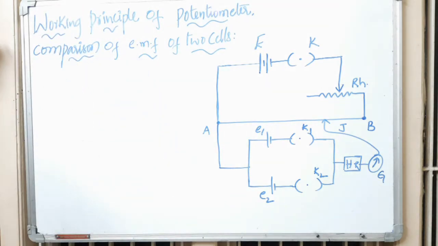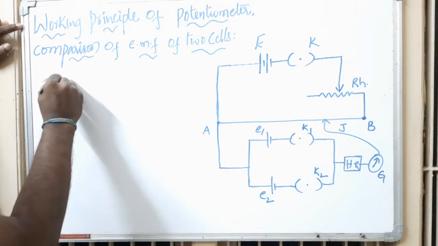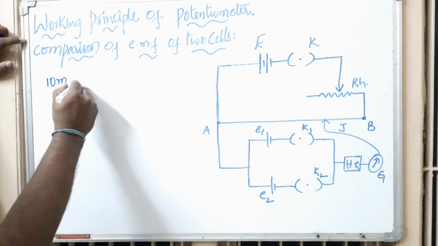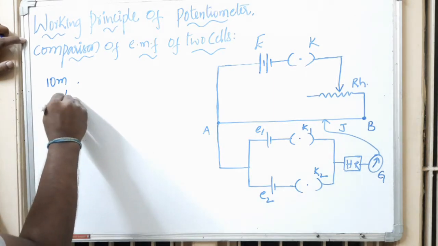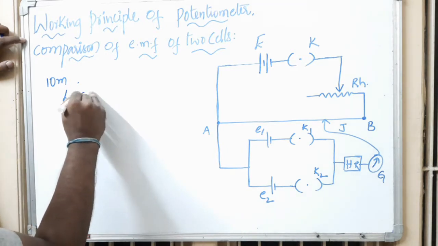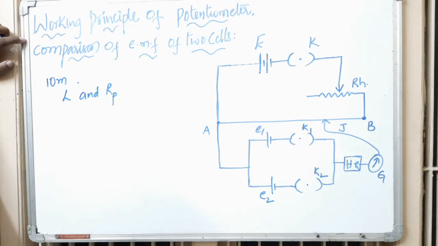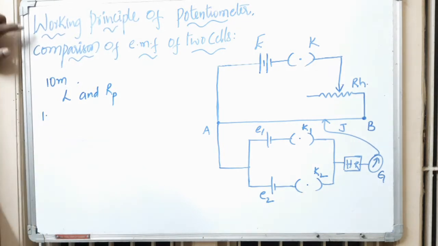First, we are discussing the working principle of potentiometer. Potentiometer consists of 10 meters length of wire with a uniform internal resistance. Let the length of the total wire be L and the total resistance be RP. This was the first point in this topic.